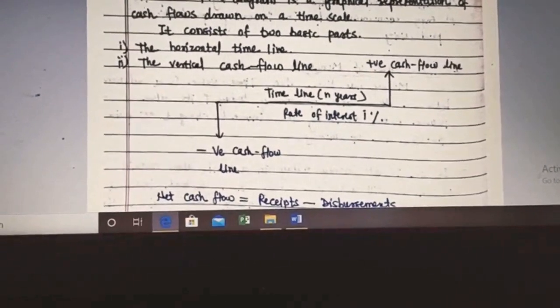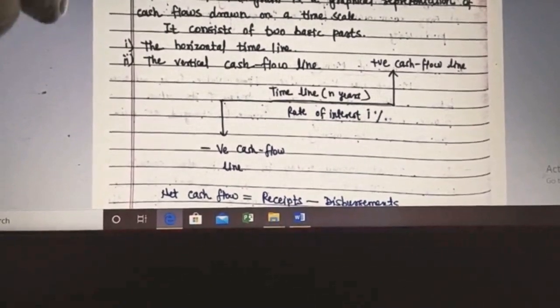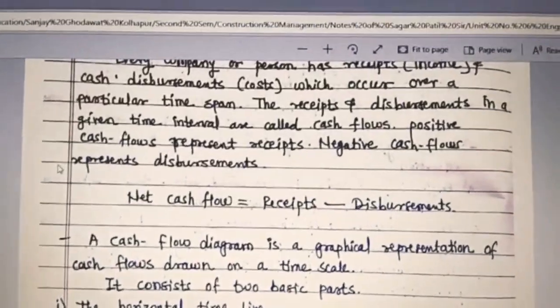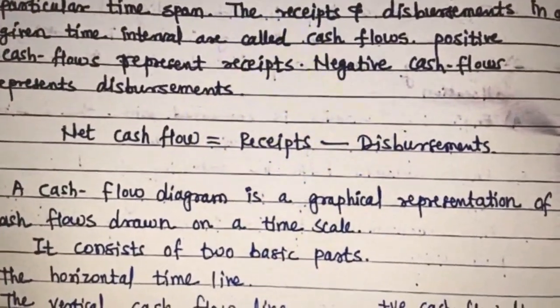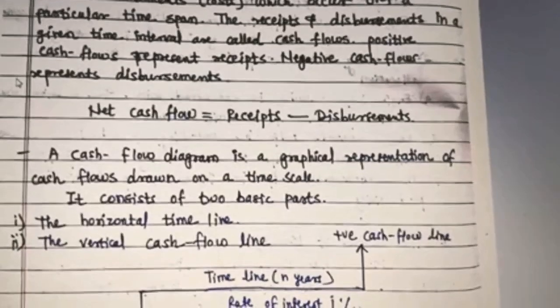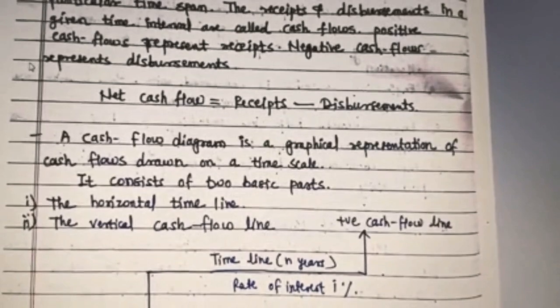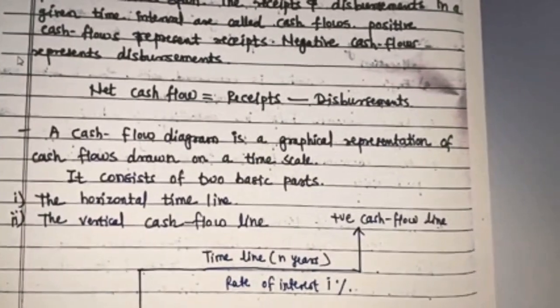So all together here, one more simple logic what I would like to tell you is the net cash flow. So here, if I want to calculate the net cash flow, it is very simple. Receipts minus disbursements. So here in this simple logic, the meaning of receipts is my cash inflow.